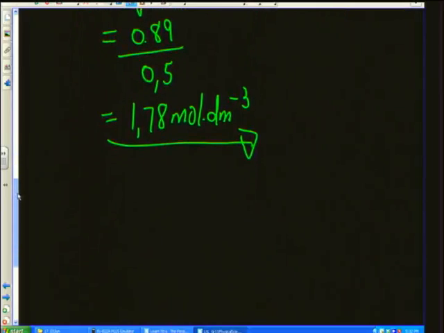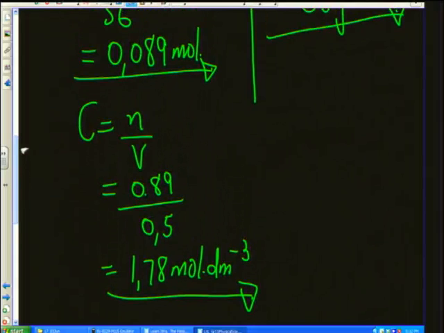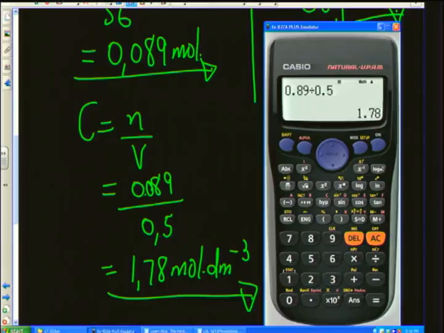Okay, there we go. Let me see. I think there's something wrong here. Let me work it out, because here we made a mistake. That must be 0.089 divided by that. So let's go back to the calculator quickly and we fix that. Instead of 0.89, it's 0.089. We divide that by 0.5, and what do we get?